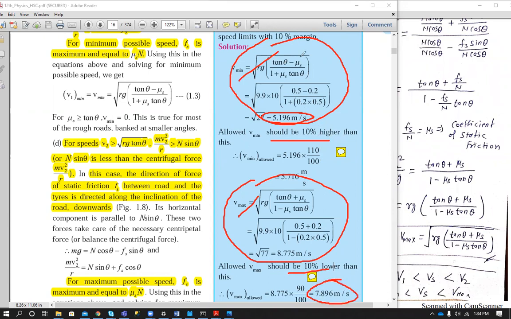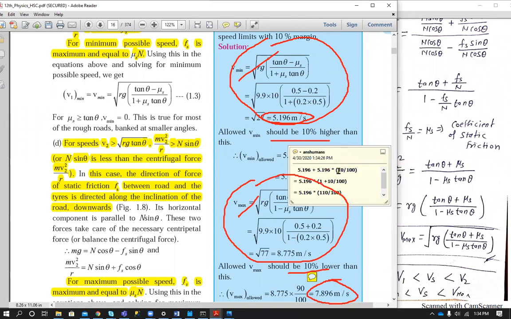If the problem is given with a 20% margin, then what do you do? Here I have written 10 by 100, you would write 20 by 100.